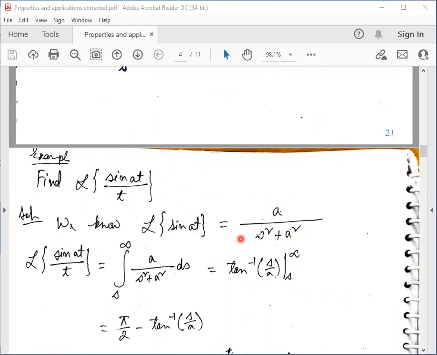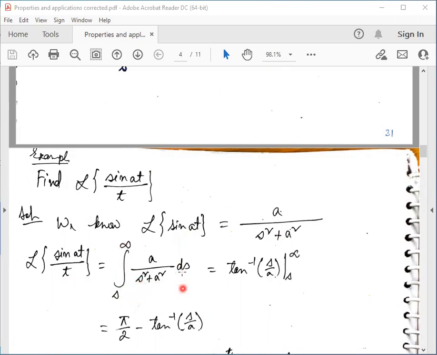Here the t in the denominator means we should take the integral of the Laplace transform, from the last property which we discussed. So the Laplace transform of sin(at) by t is nothing but the integral of a by s square plus a square with respect to s from s to infinity.